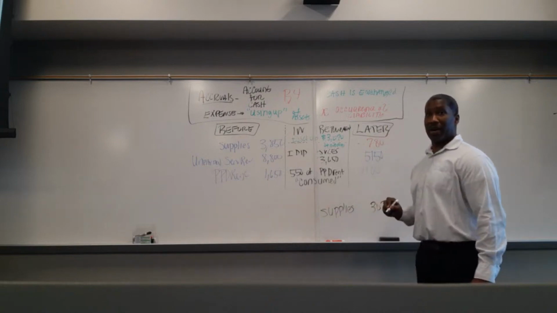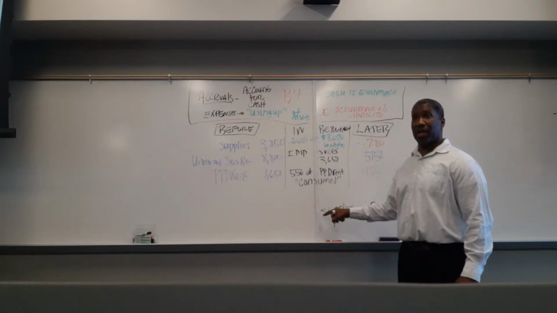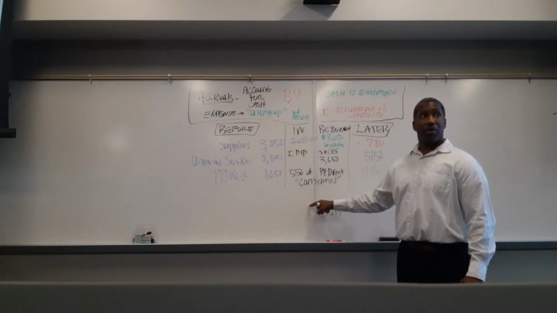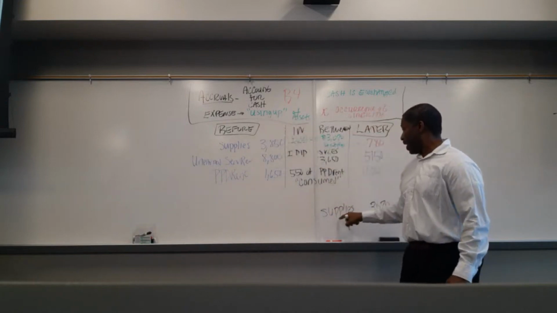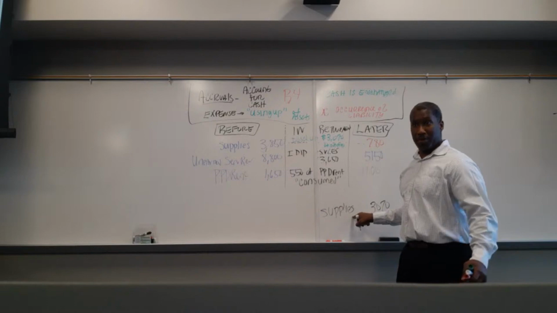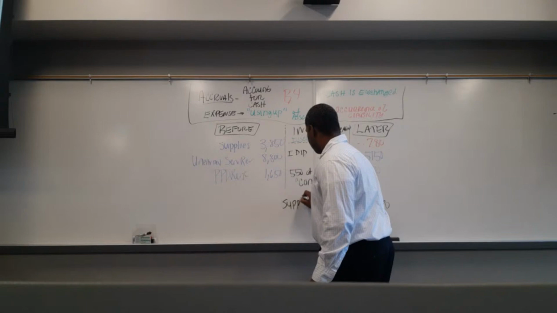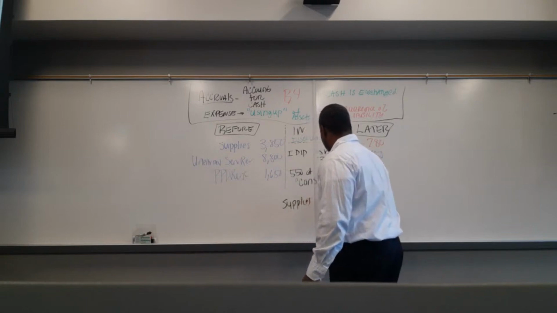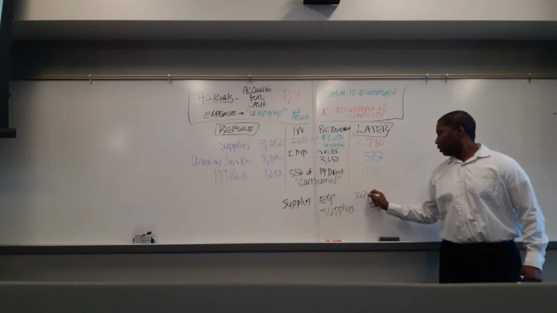I will credit that amount, and I need to have a debit, right? Because I have a credit, I need to have a debit. What are we going to show? An expense is a using up of assets. What asset did I use up? Supplies. So the logical choice would be supplies expense for the same amount.